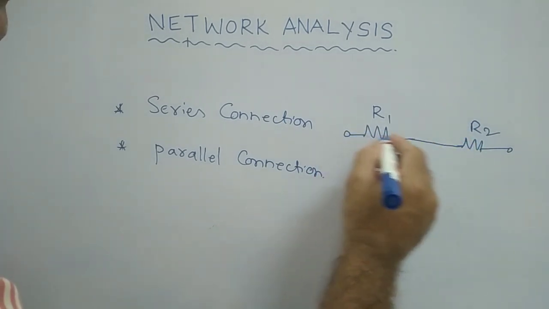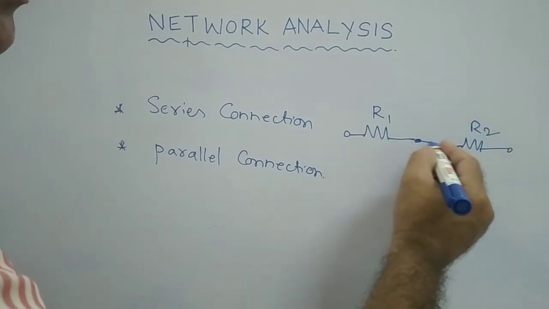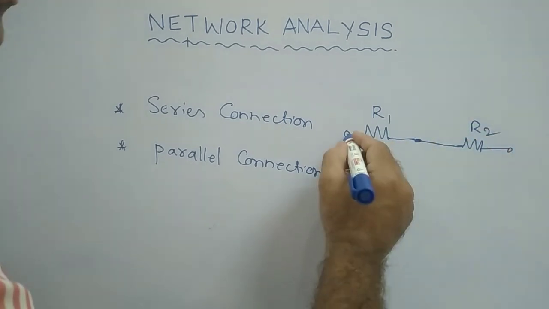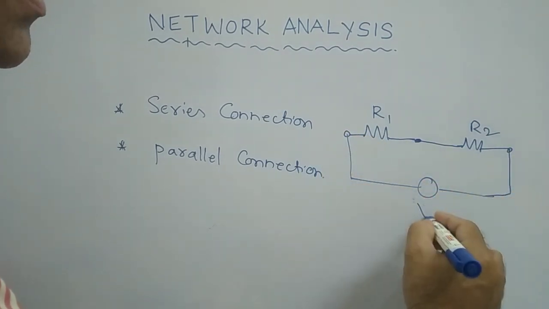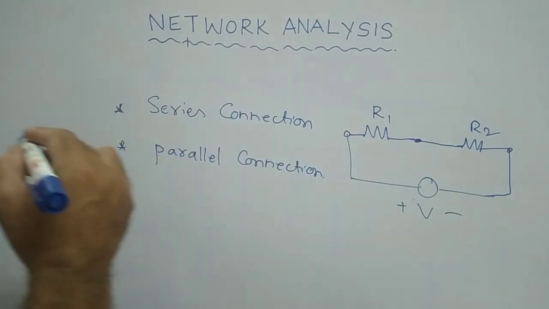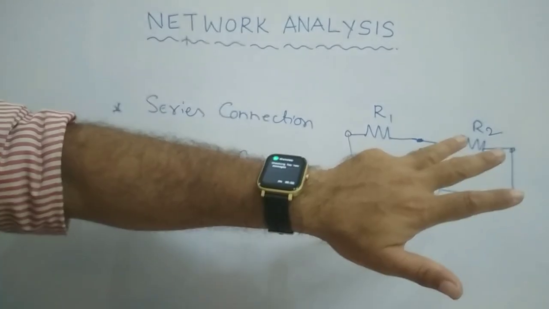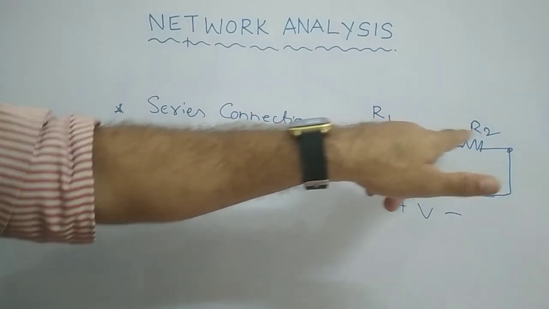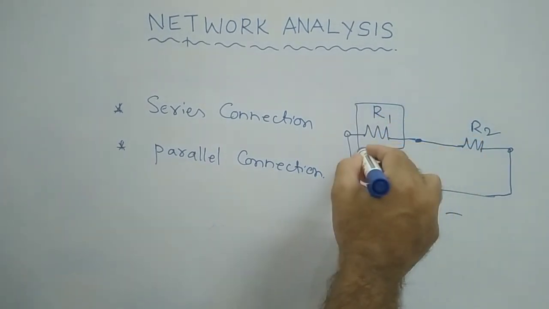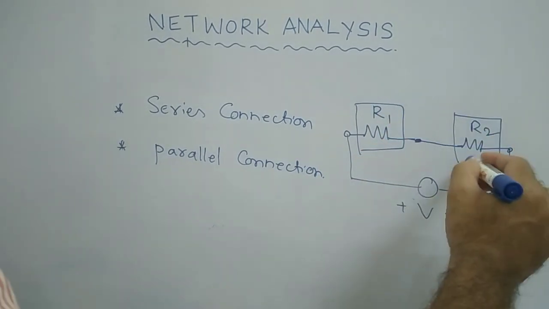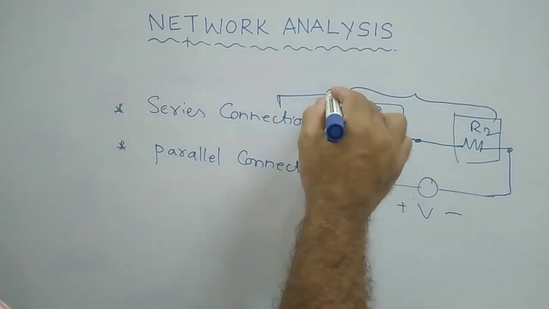The first resistor and the second resistor are connected in this way, and across these two some voltage will be connected. Let us say, forget about the voltage source right now, you just focus on the connection. So if R1 and R2 are connected in this fashion, this is R1 and this is R2, and these two are connected like this, it is called a series connection.